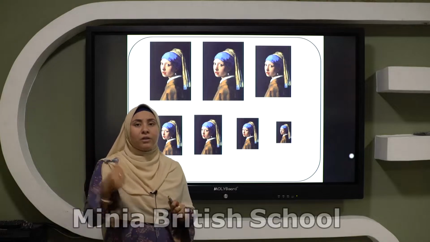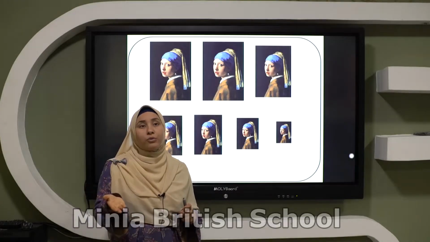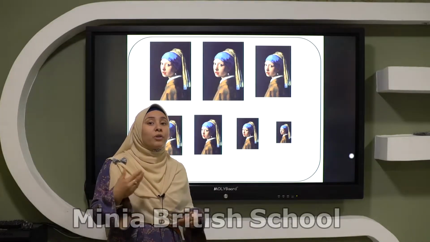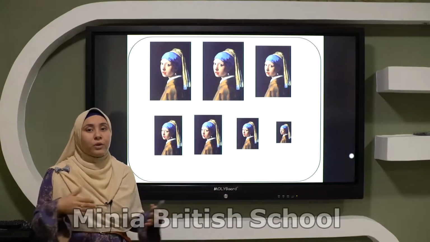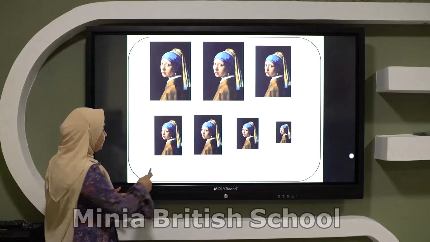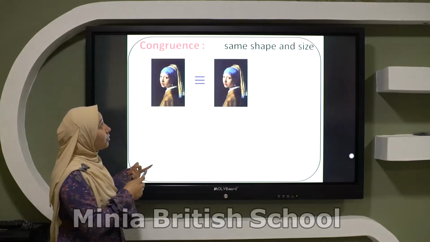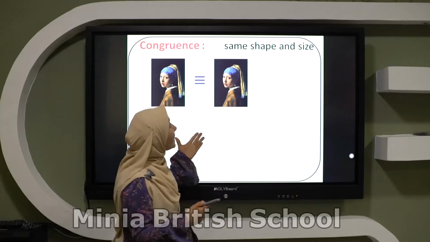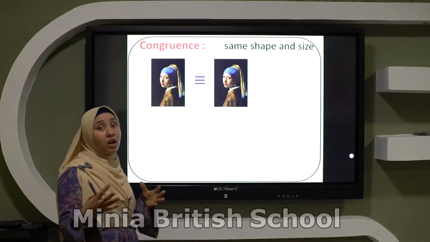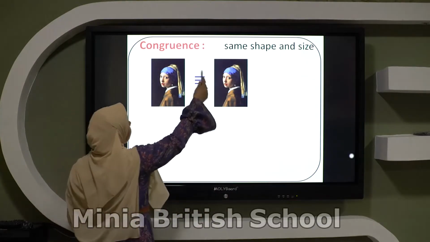But in grade 7 we studied before the concept of congruence. What is the difference between congruence and similarity? Congruence means that the figures have the same shape and the same size, and it's denoted by this symbol.